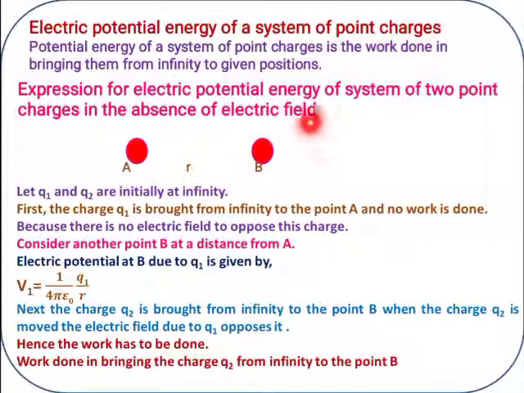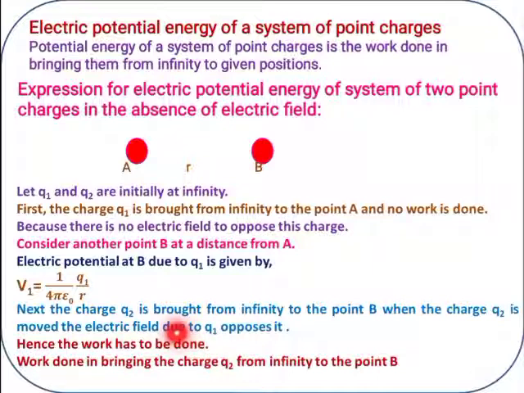This is another charge. If I bring that charge from infinity and fix it at B, while one charge is already present here at A, then work has to be done.